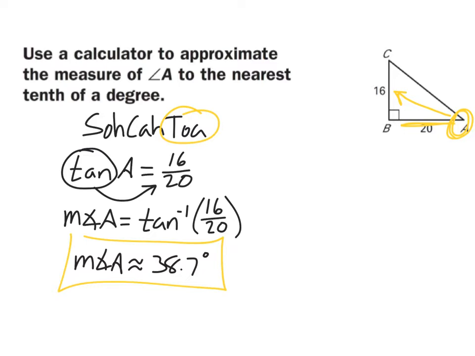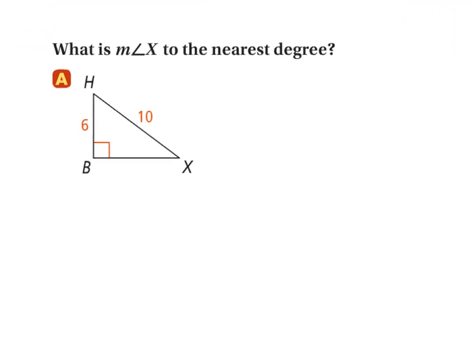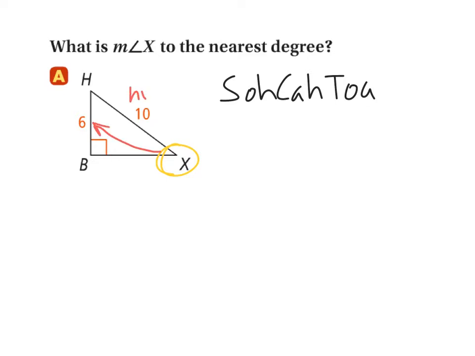Let's try one more. All right, finding the measure of angle X. Again, right there's angle X. We need to look at SOHCAHTOA. Relative to angle X, we are given the opposite side, and we're also given the hypotenuse. Opposite and hypotenuse is the sine. So the sine of angle X is 6/10, opposite over hypotenuse.